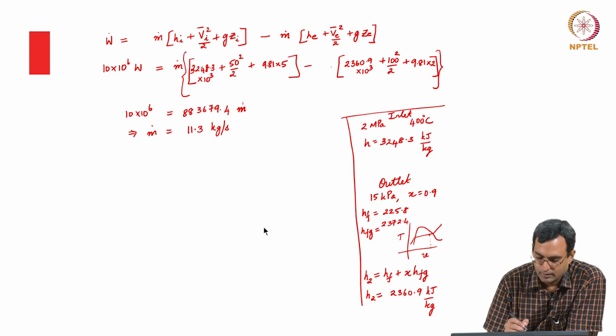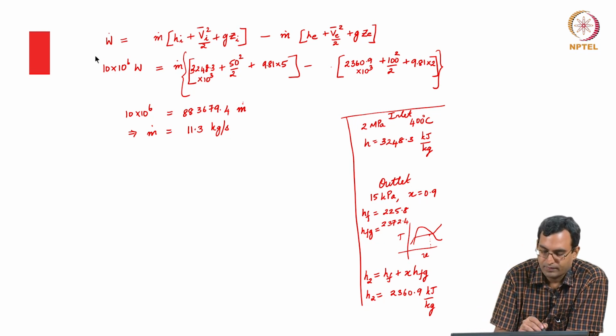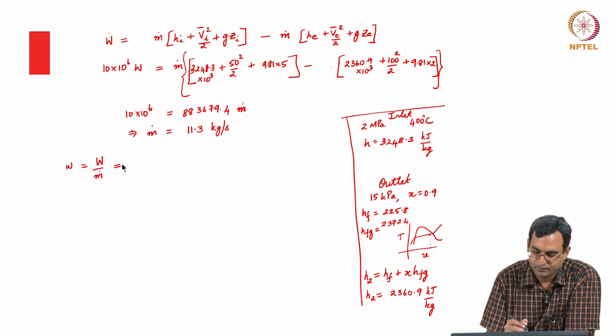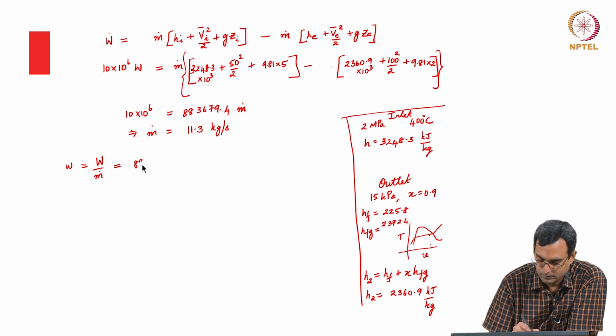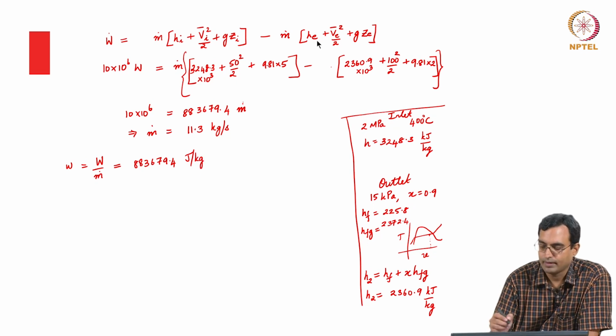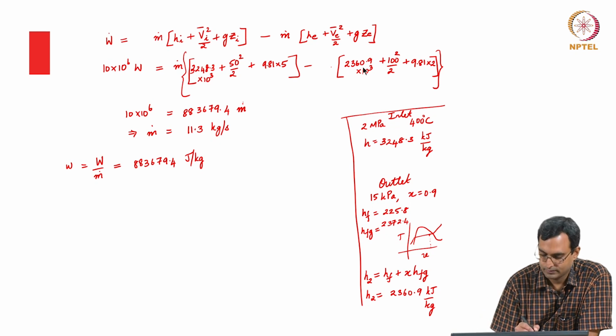So I can find out the work output, small w, which is W by m dot, which is essentially this value. The contribution due to enthalpy is essentially this minus this.